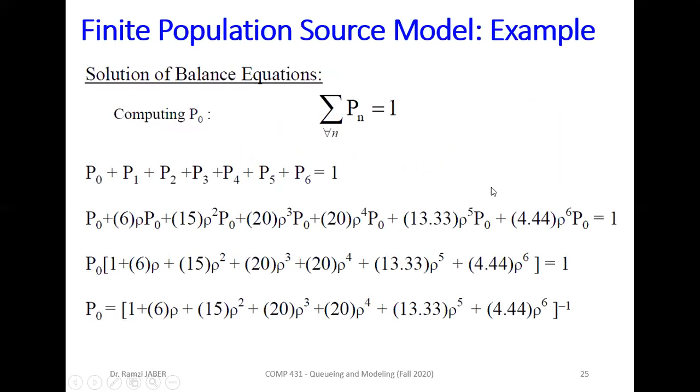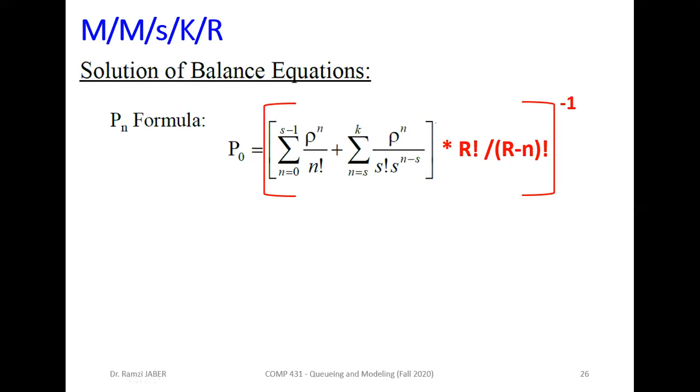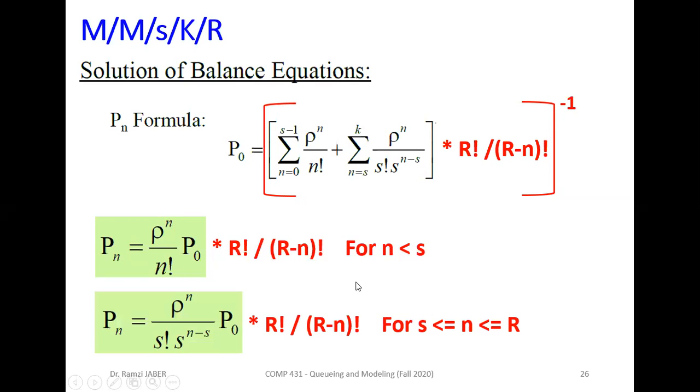If we go back here, we can conclude that. Okay, P1, I'm sorry. Now, Pn equals rho to the n over n factorial P0, also times R factorial over (R minus n) factorial, for n less than s. For n between s and R, rho to the n over s factorial s to the power (n minus s) P0, times the same factor here, R factorial over (R minus n) factorial.